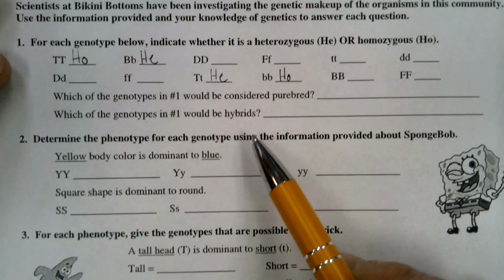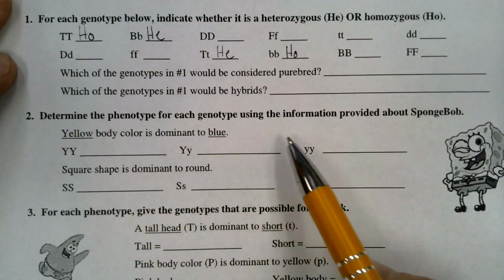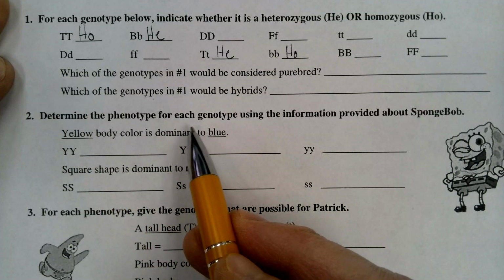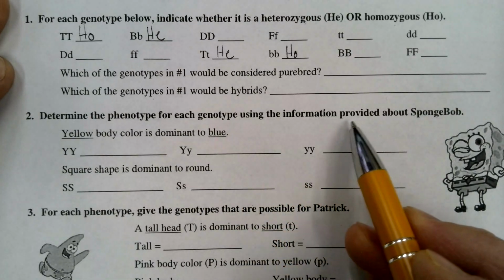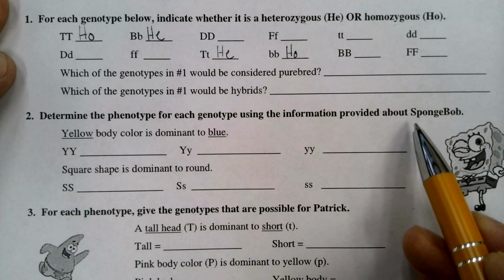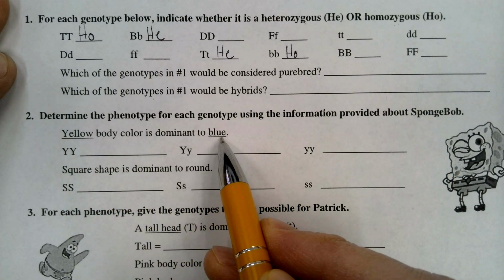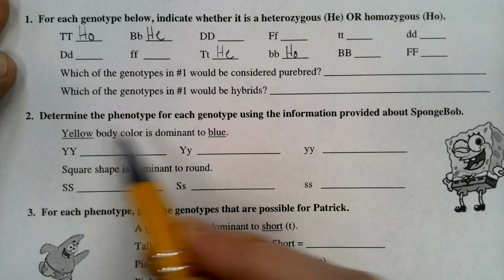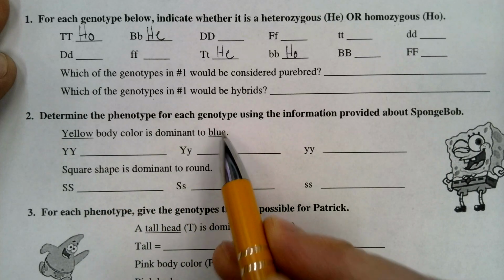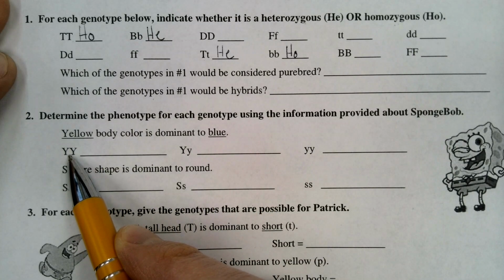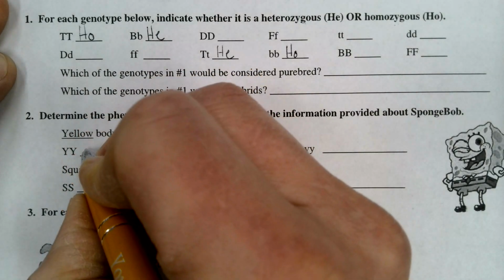Now moving down to the second part, I'll do this first one together with you. It says determine the phenotype for each genotype using the information provided about SpongeBob. If yellow body color is dominant to blue, that means yellow is dominant and blue is recessive. From your reading, remember anytime you've got a capital letter, that's showing you the dominant trait. So big Y, that's going to be yellow.